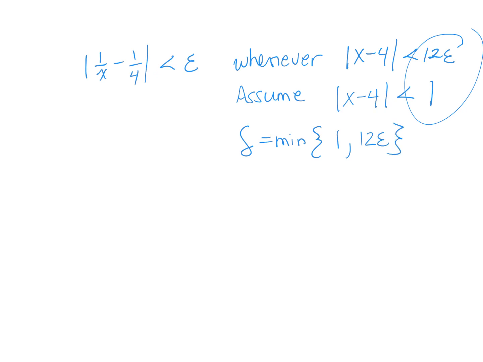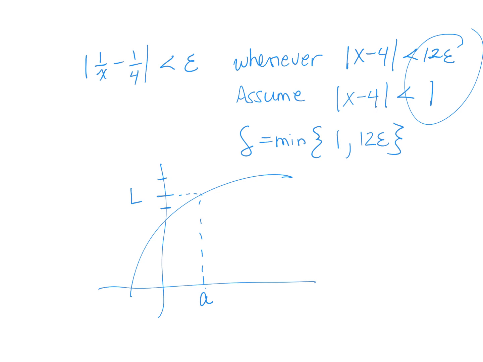So I think we talked about this in class. When you have some function, and here's your limit, we'll say as x goes to a, if you have some epsilon that you've chosen and you follow these over, we'll call that delta 1.